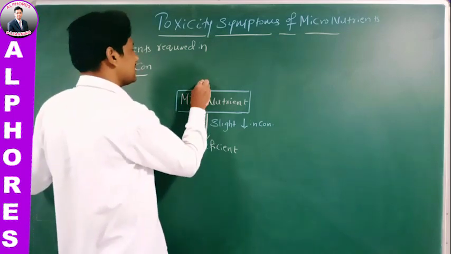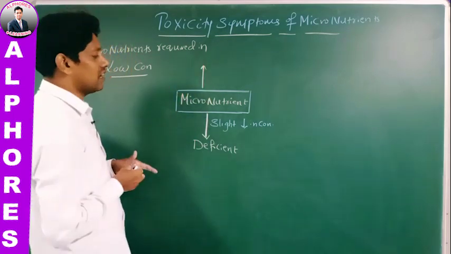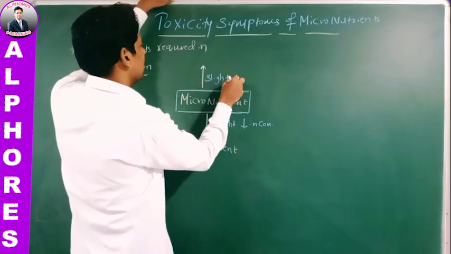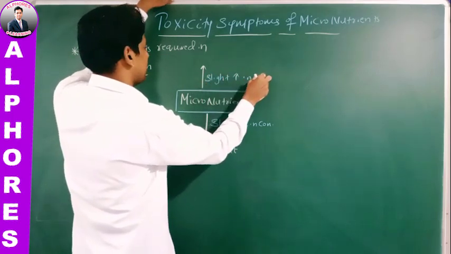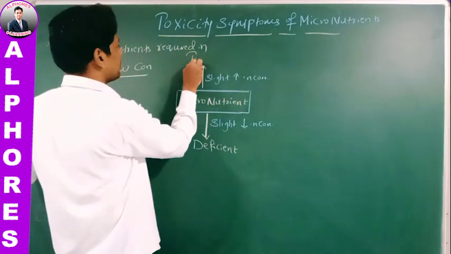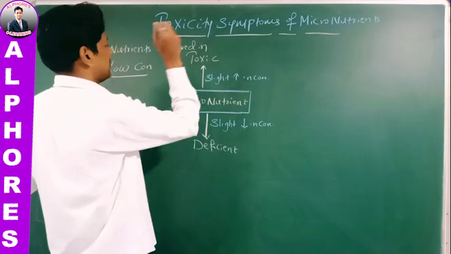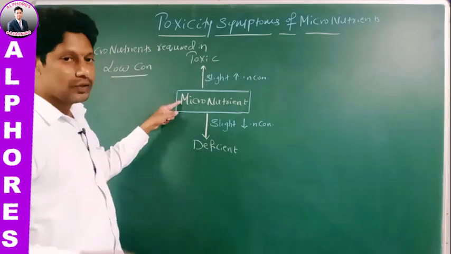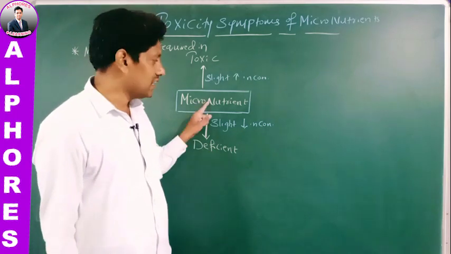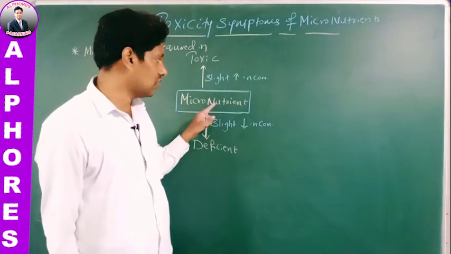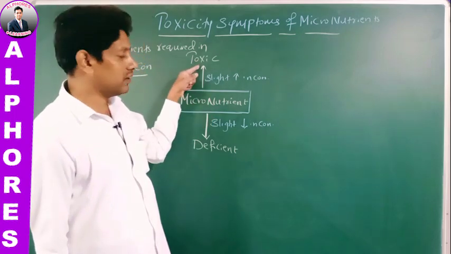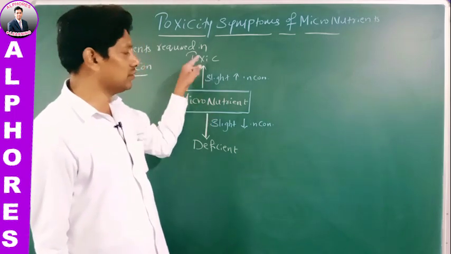Sir, a slight increase in its concentration. A slight increase in concentration of a micronutrient makes the micronutrient what? Toxic. Therefore, a micronutrient becomes deficient with a slight decrease in concentration, and a slight increase in concentration makes it toxic.